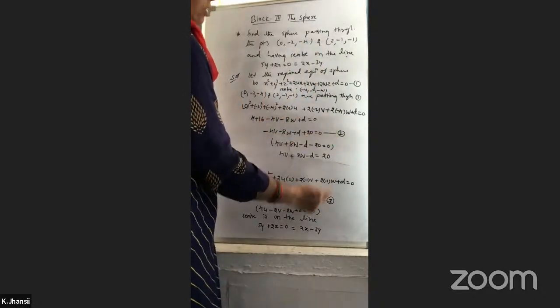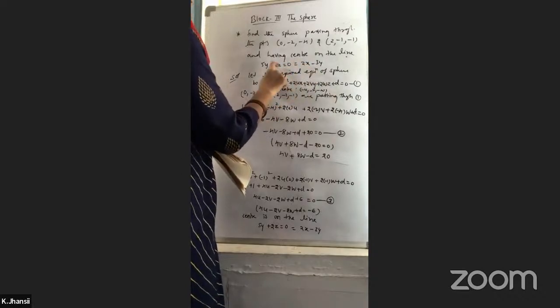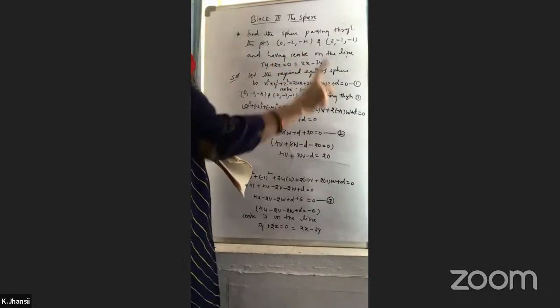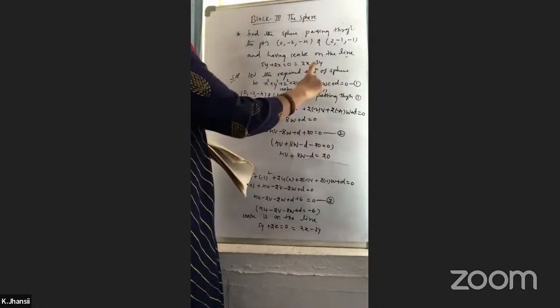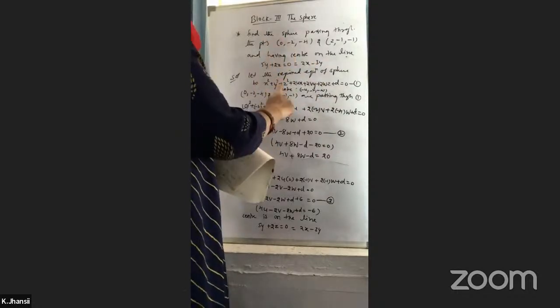Then here we have already got two equations. From this we will get the fourth and fifth equations. So from 2, 3, 4, 5, when you solve them, you will get the u, v, w and d values.